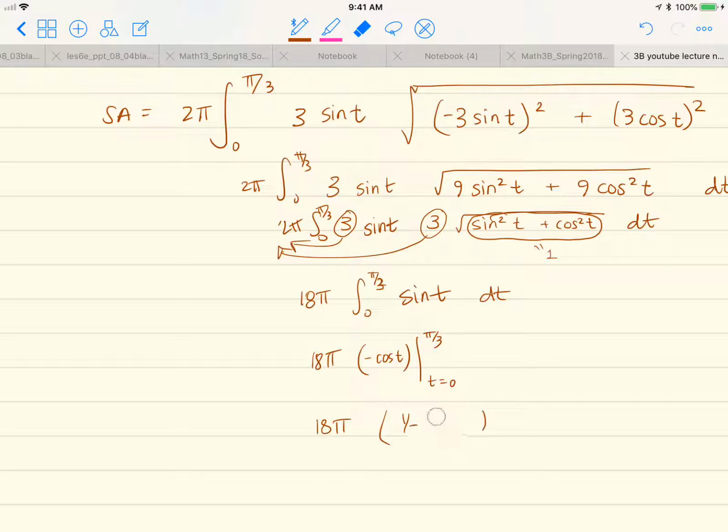Okay. And now what is cosine pi over 3? That'll be 1/2. And then cosine of 0 is 1. So we'll have negative 1/2 times 18, which is negative 9. Then I've got a negative and a pi, so I should get 9 pi. So this is my surface area.